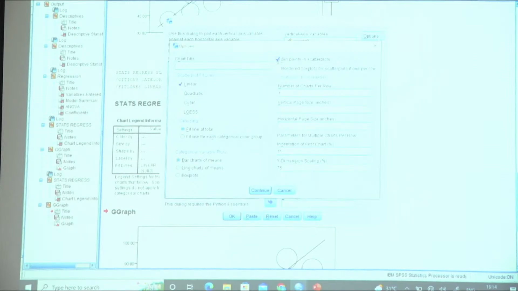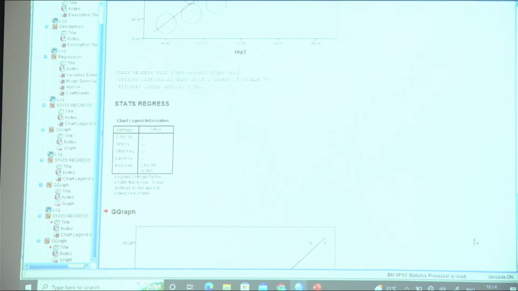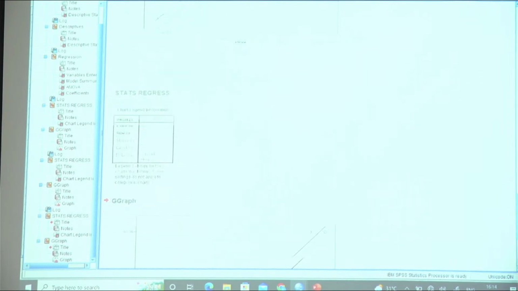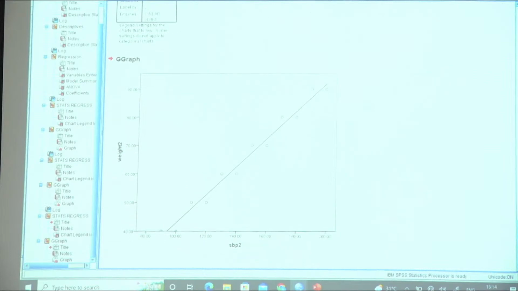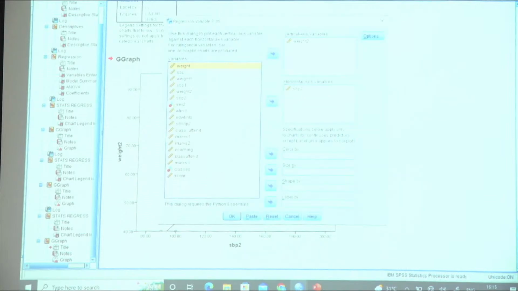These bin points, I will take them out. Yes. Can you see this? None of the points are on the line. I made a mistake. Did anybody notice what the mistake is? Weight should be on the x-axis, right.